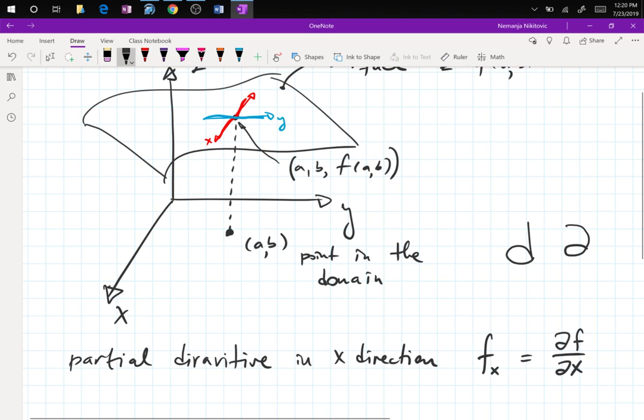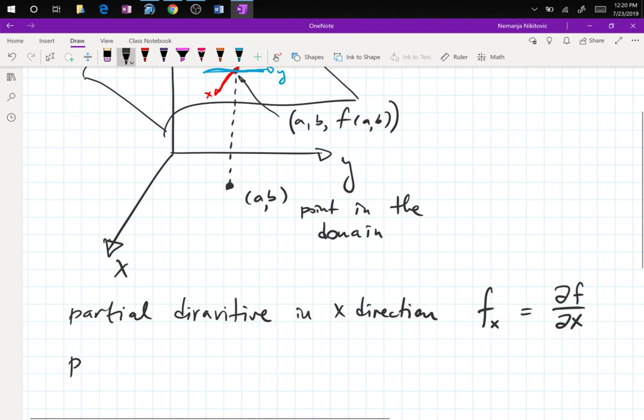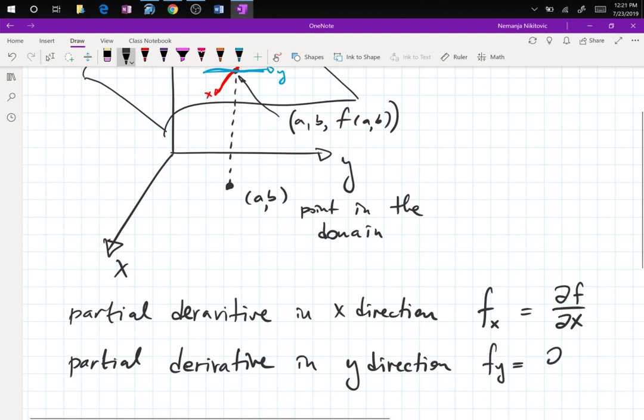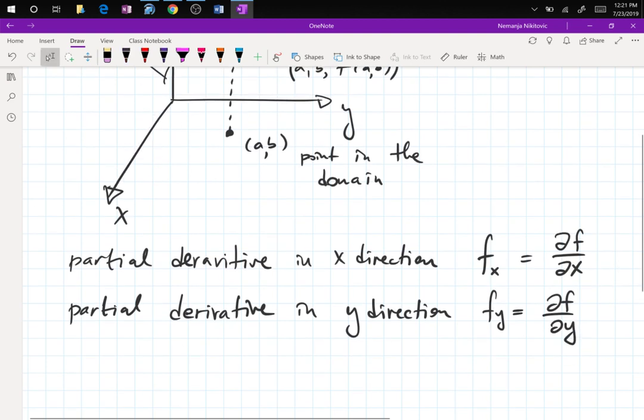It is not a 2. It is a lowercase curved d for those partial derivatives. And then we also have the partial derivative in the y direction, which is fy, which is partial f with respect to y, partial y.